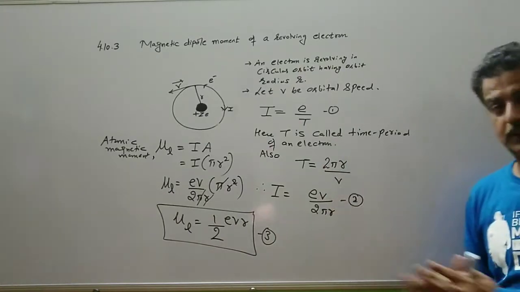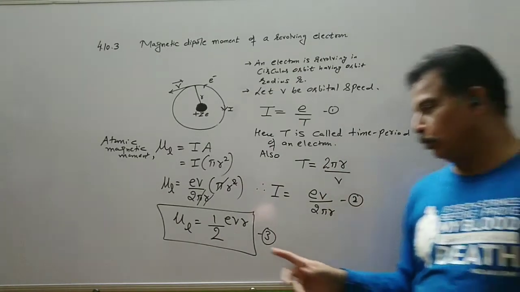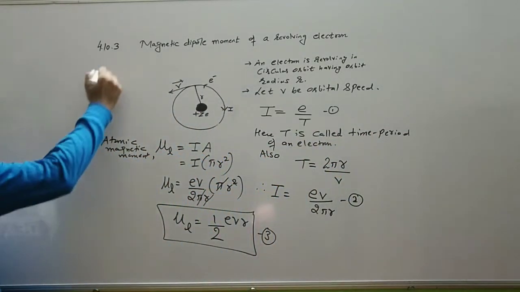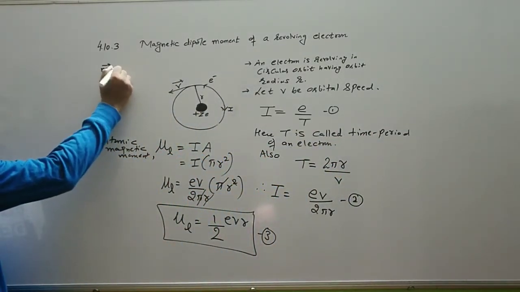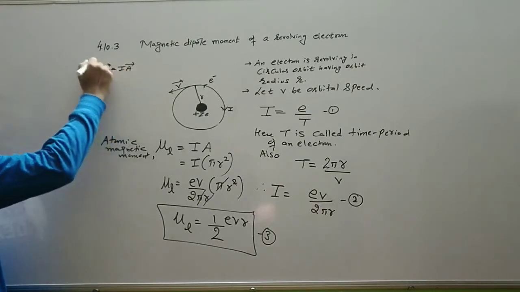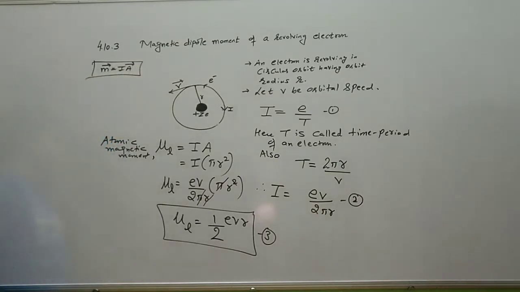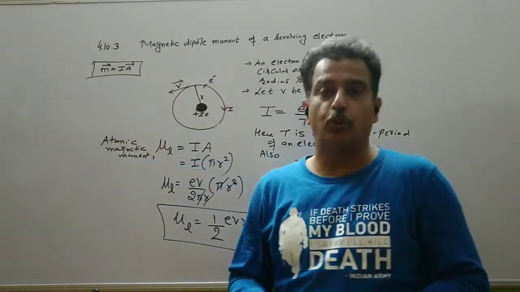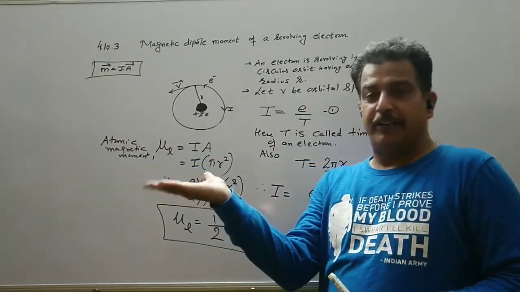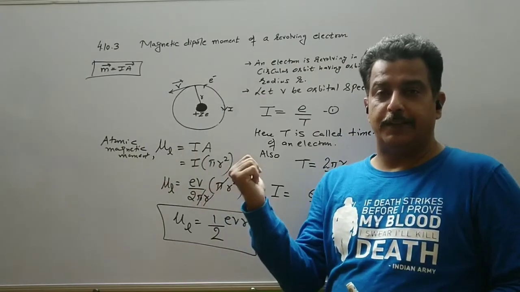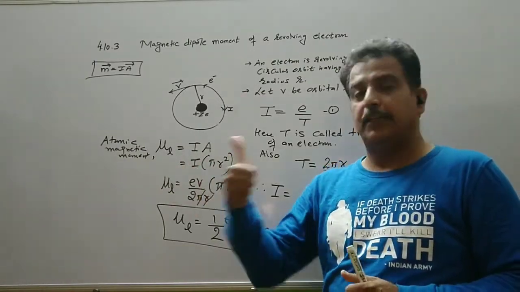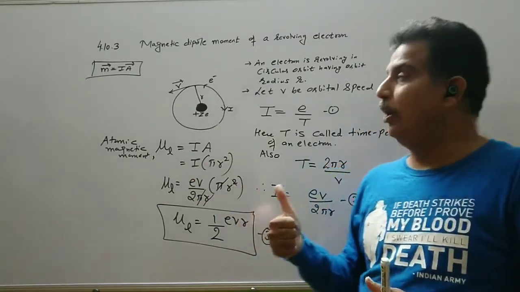This is one concept. Now we have to find out its direction. Now we know that when we applied this formula, m vector is equal to I into A vector, how was the magnetic moment direction determined? With the help of the right hand screw rule. We curl our fingers in the direction of the current and the thumb gives you the direction of the dipole moment.